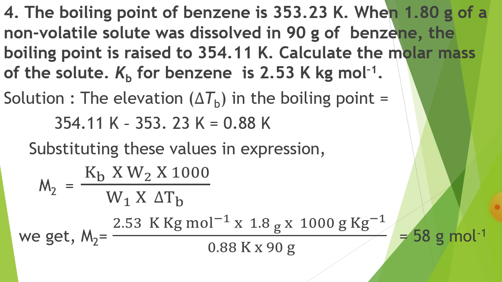Kb is given, W2 is 1.8 gram, W1 is given as 90 gram, the solvent mass of benzene, and delta Tb we find from Tb minus T naught b.